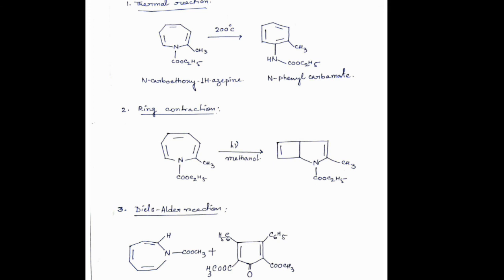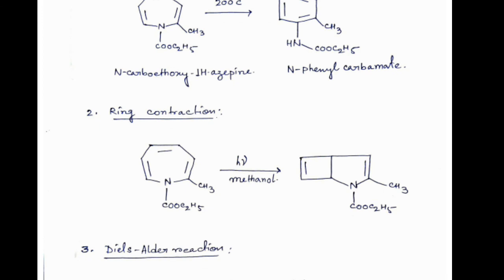Now go for the next reaction, that is ring contraction. The same compound is taken here, that is 2-methyl N-carboethoxy 1H azepine, because the methyl group is present at the 2 position and the carboethoxy group at position 1.